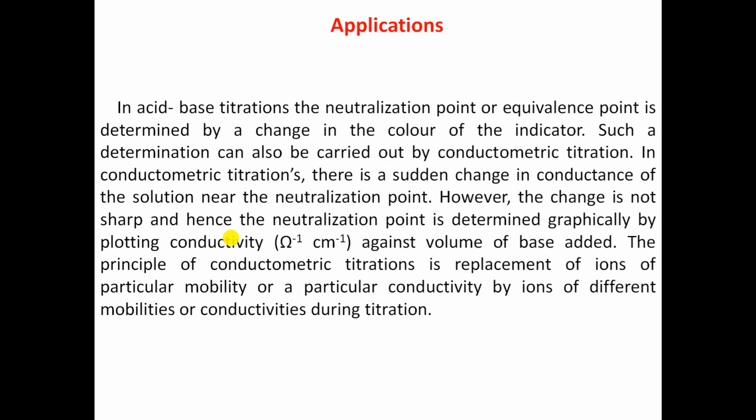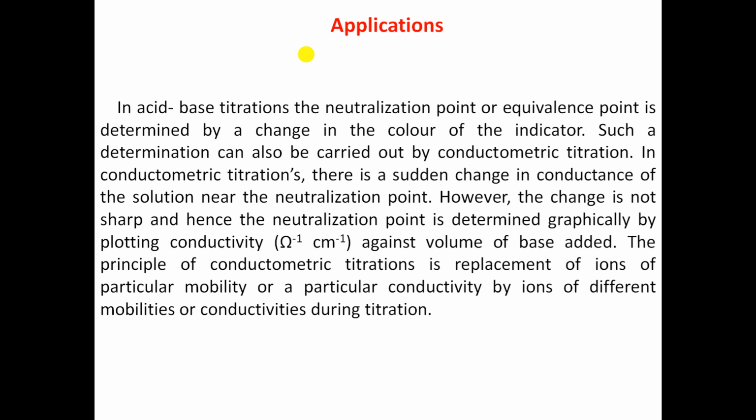Then applications of conductometric titration. Conductometric titrations are used for acid-base titration. In acid-base titration, the neutralization point or equivalence point can be determined by the change in color of the indicator. Such determination can also be done by conductometric titration.